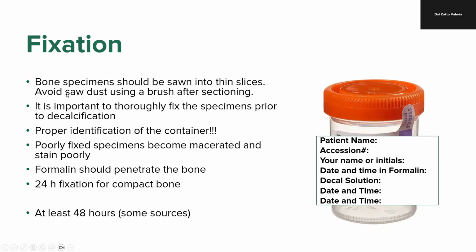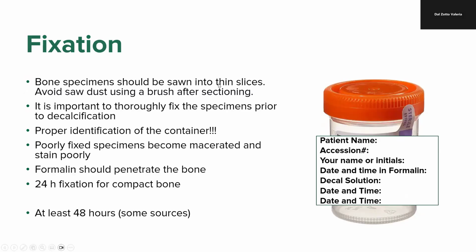And as much as possible, avoid the sawdust using a brush after sectioning. We are going to practice this first step in the grossing room in the first 2 weeks. One of the sessions is going to be how to use the different saws that we have in the grossing room.